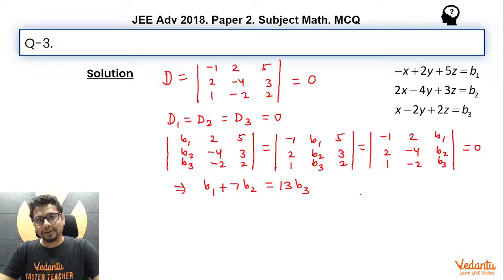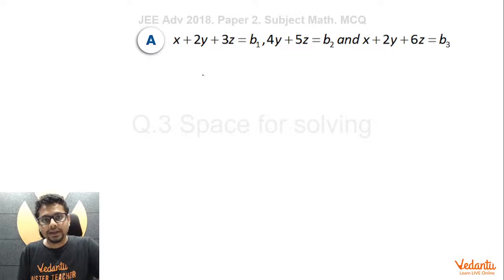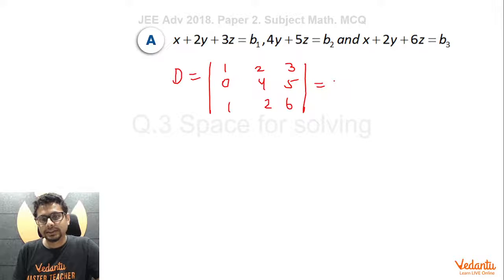Now let's consider the options. Option A: if you consider the determinant D, which basically has the coefficients of x, y, and z as its columns, it turns out to be 12, which is not 0. So that means no matter what b1, b2, b3 are, this system of linear equations will always have a unique solution.